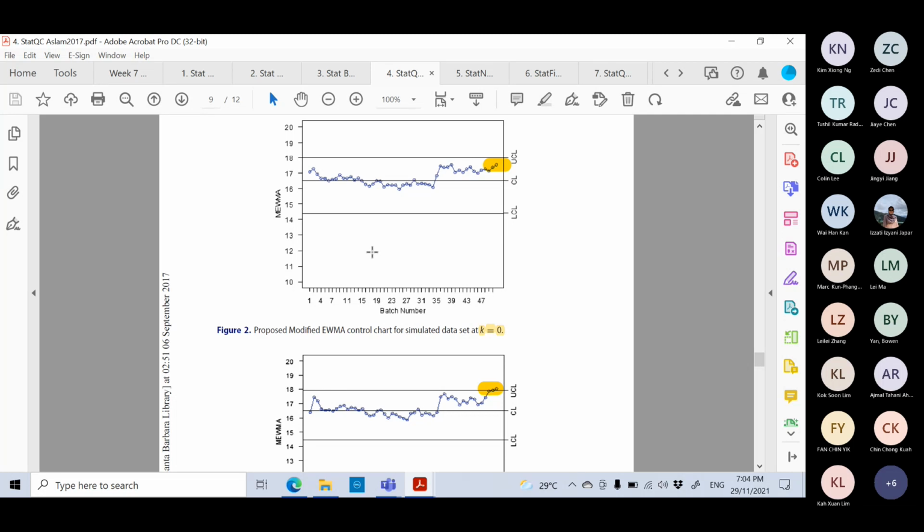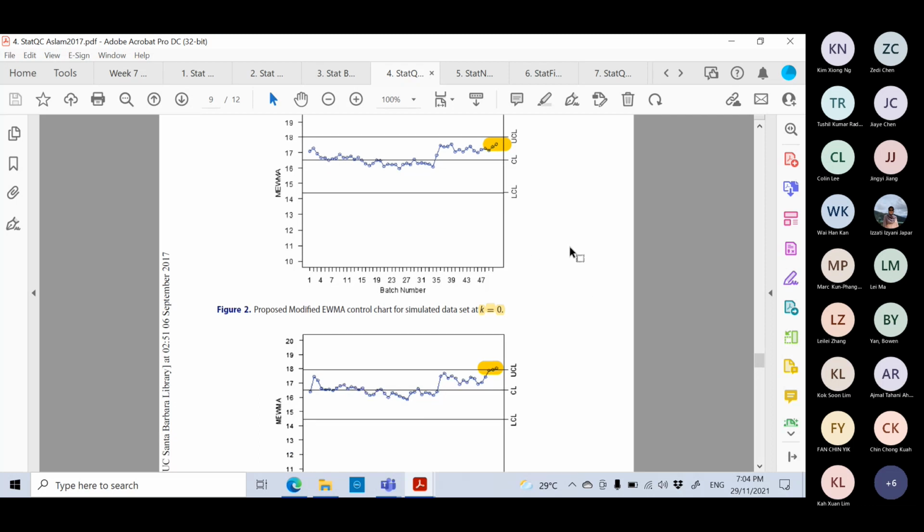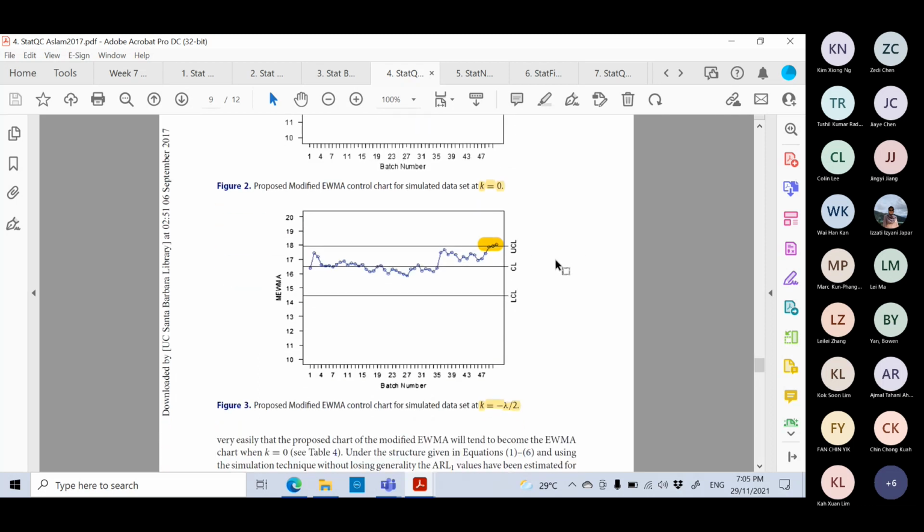If I think the empty space is of no use, I will extend the graph, plotting from 13 to 19 or 14 to 19, so that I can see all these points clearly. So this is my personal comment on the following example here.